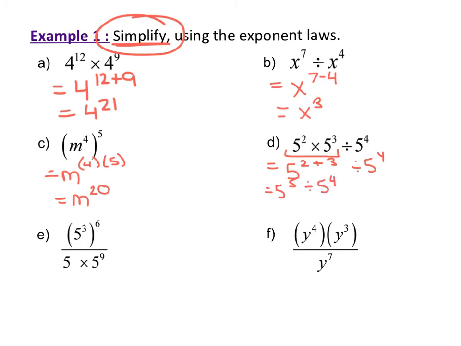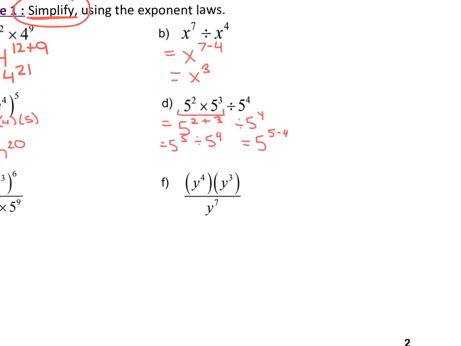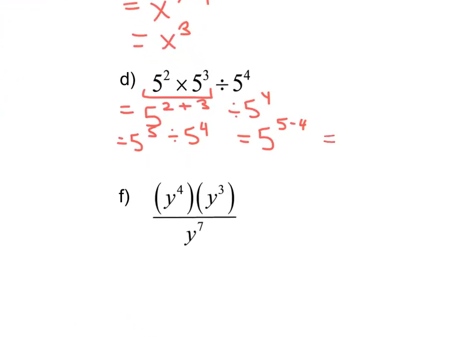Now, if I wanted to continue this on, now I would have the division, and because they're dividing, same bases, we would subtract, okay? I'm just going to move this over, sorry. And I would end up with 5 to the power of 1. Do I need to show that 5 is to the power of 1? Or I could show it like that, okay?